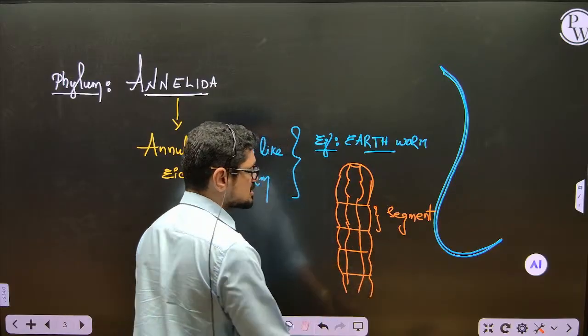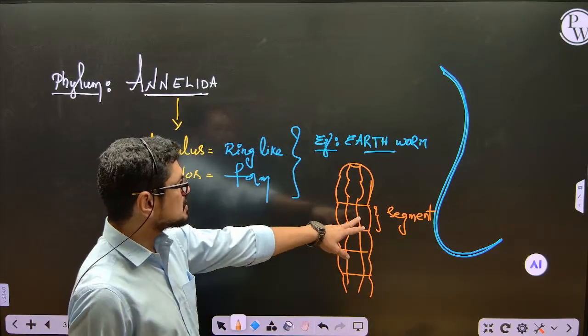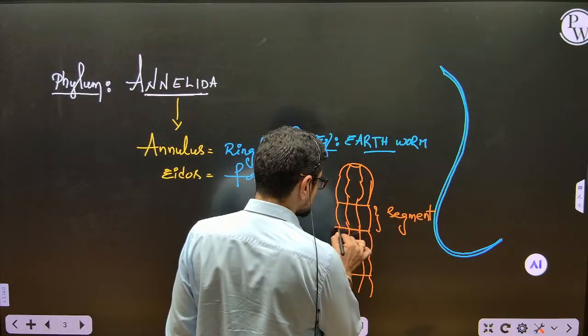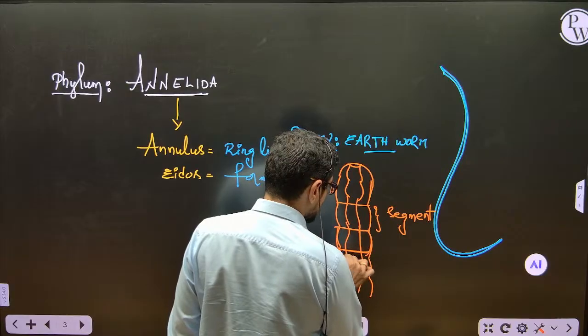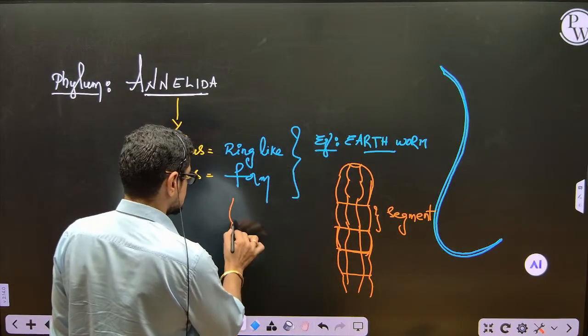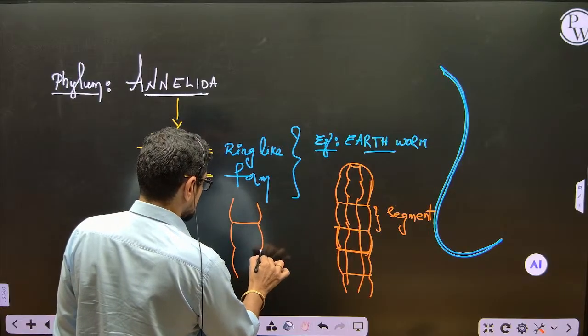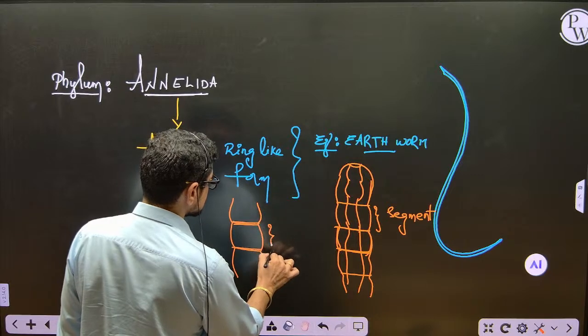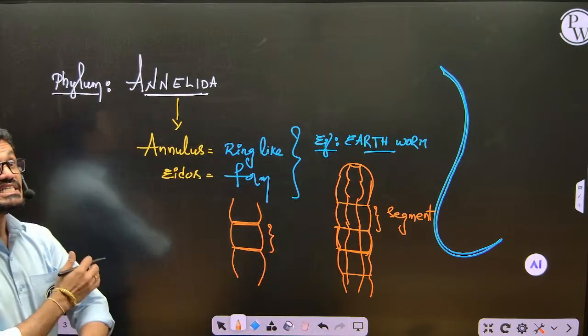So many structures are present, but they are not required for you. Leave it. So this box is one segment. Like that, the body is divided into a number of box-like structures, and these box-like structures are called segments.